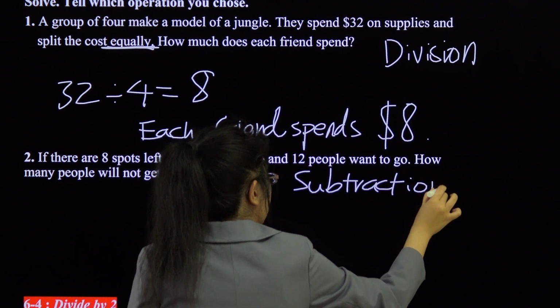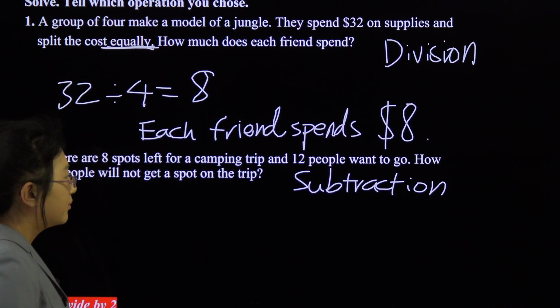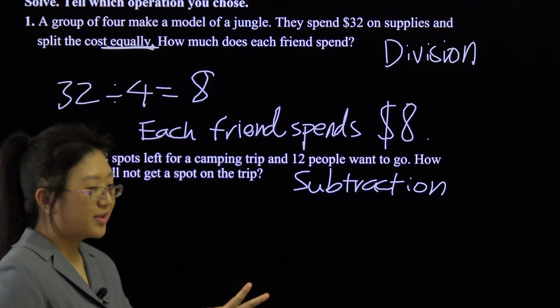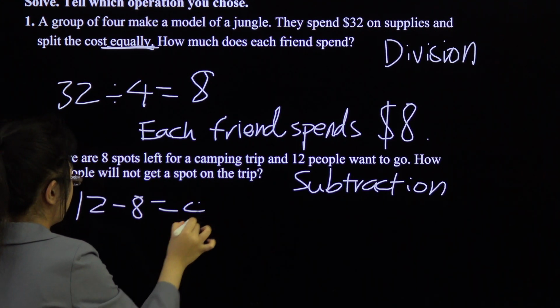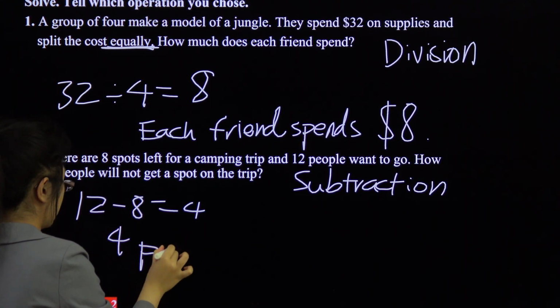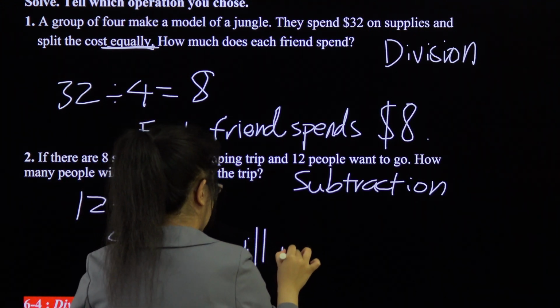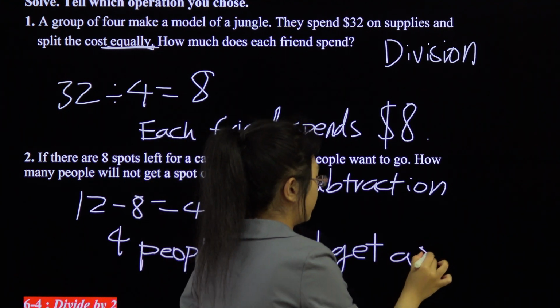Because the amount of people that want to go minus spots left is the amount of people that can't go. So 12 minus 8 is 4. 4 people will not get a spot.